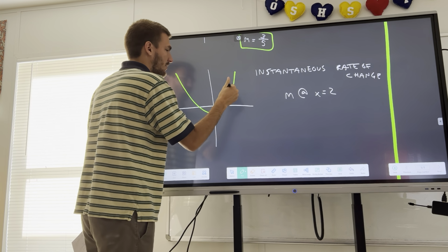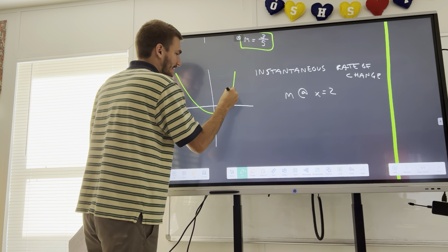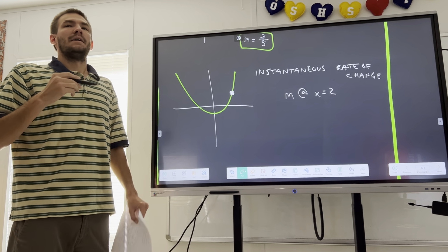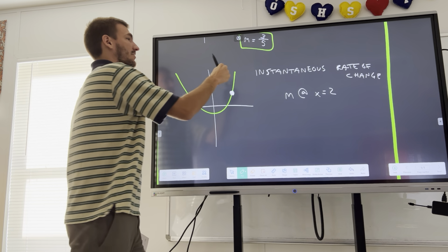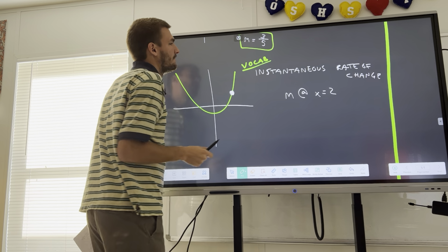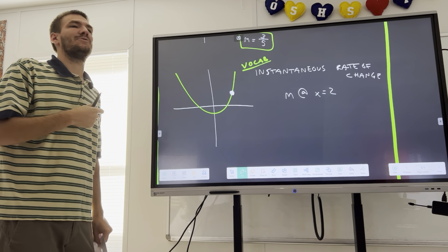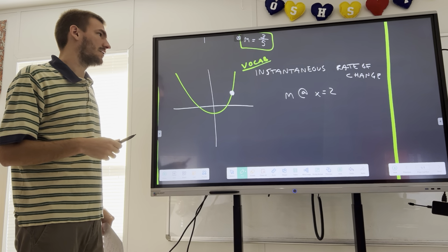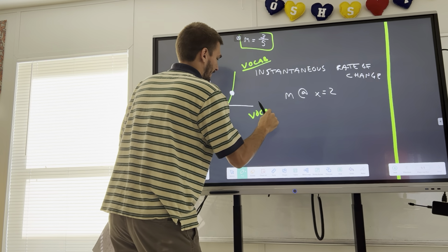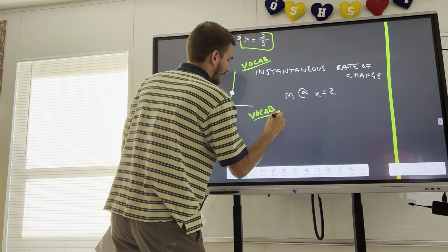We want to know exactly this. What is the slope at that point? Now next, again, this is another little vocab word, instantaneous rate of change. And lastly, we're going to introduce one more vocab word, and that vocab word is tangent line.